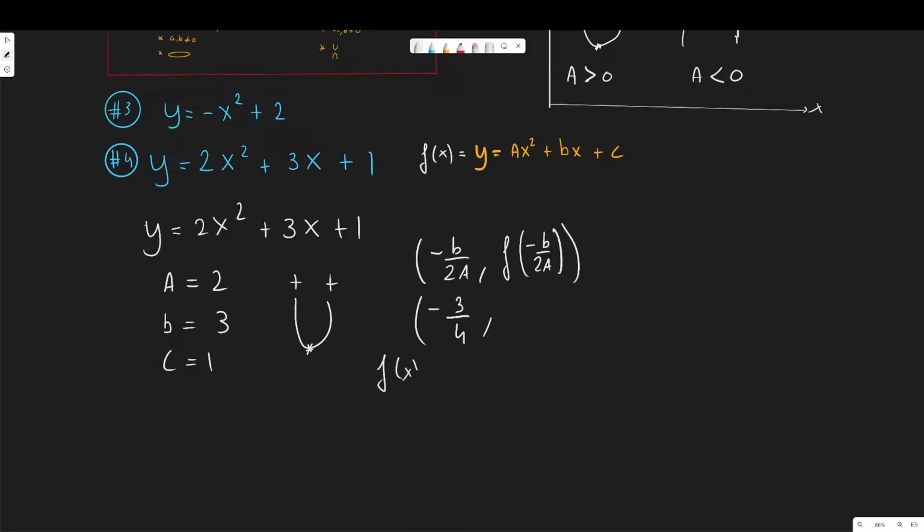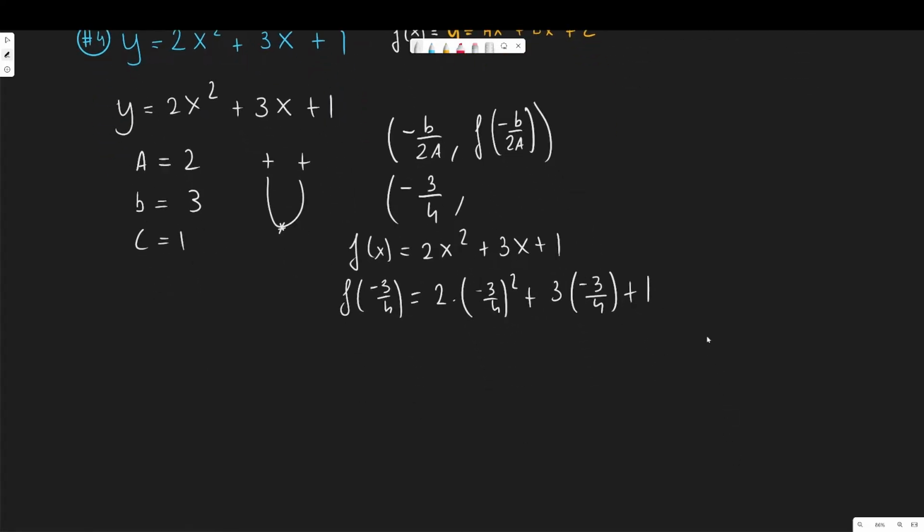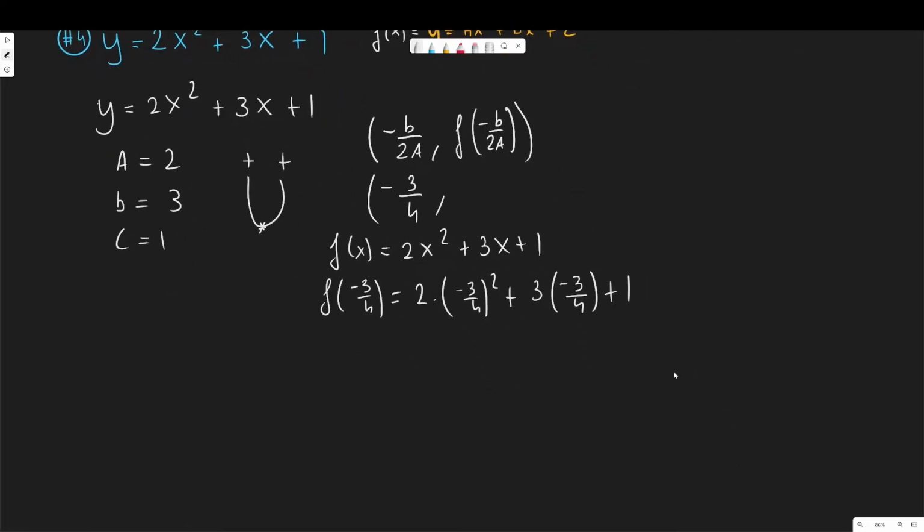Well, f of x is equal to 2x squared plus 3x plus 1. So if we fill in negative 3 over 4 in our function, we will get that this is equal to 2 times negative 3 over 4 squared plus 3 times negative 3 over 4 plus 1. And now we'll just have to compute this.